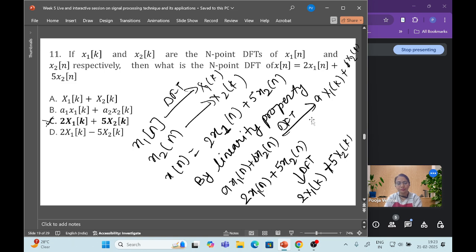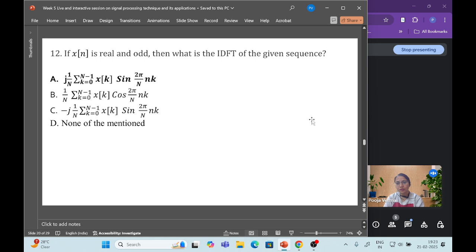Now the next question is related to sequences that are real and even, real and odd, imaginary and even, imaginary and odd. Here it is given, if x of n is real and odd, what will be the IDFT of the given sequence, what will be the inverse DFT?